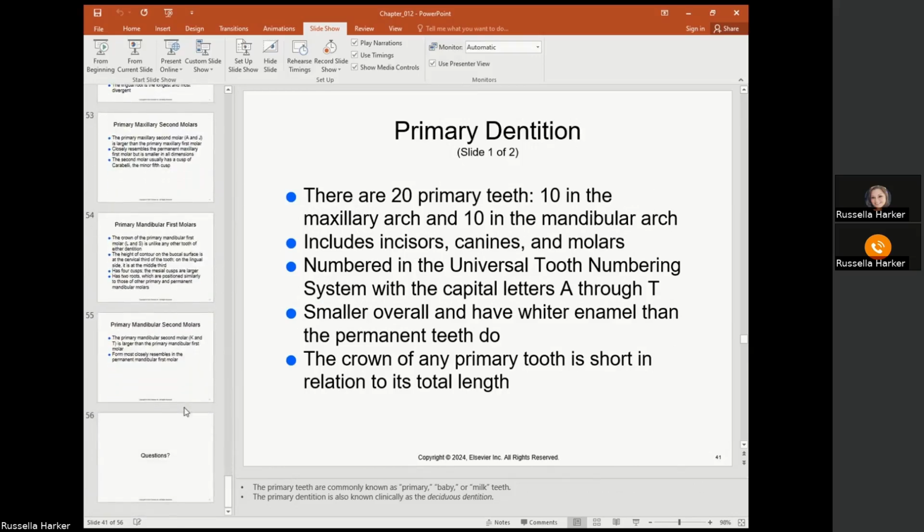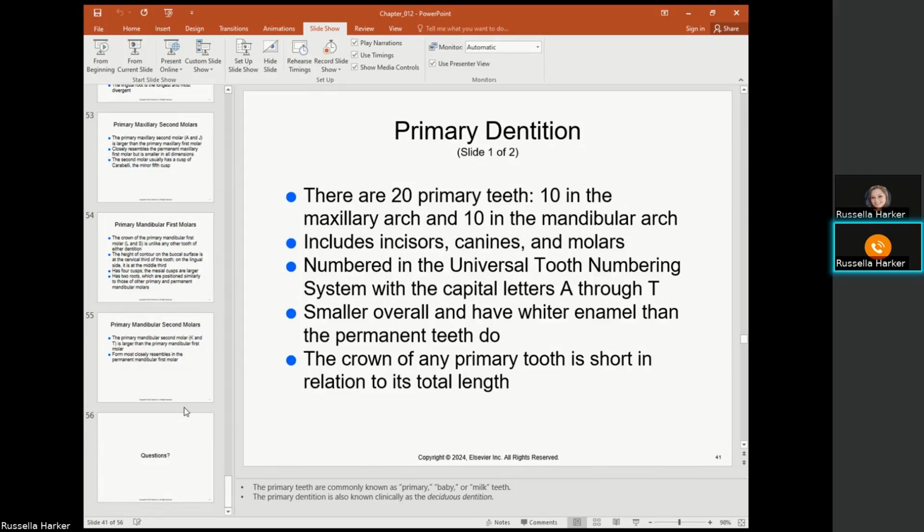So just keep in mind that in the adult dentition, there are 32 teeth. They're numbered 1 through 32, and they start counting at the upper right, the very first tooth in the mouth. That is number 1, the third molar, and it concludes at the lower right, the very last tooth in the mouth, the third molar. That is number 32.